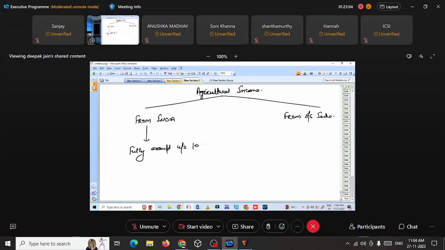If agricultural income is from outside India, then it is taxable in the hands of the assessee. So if agricultural income is from India, it is fully exempt.